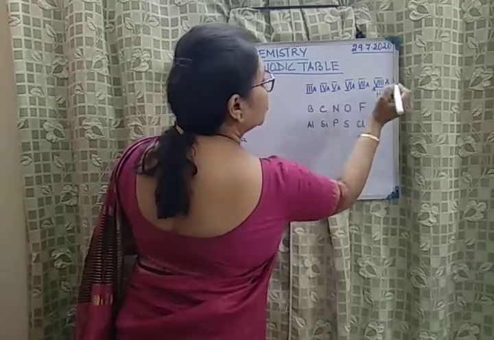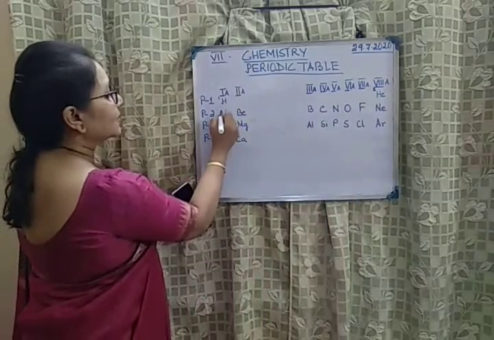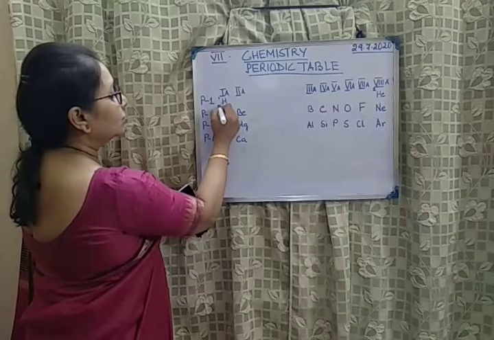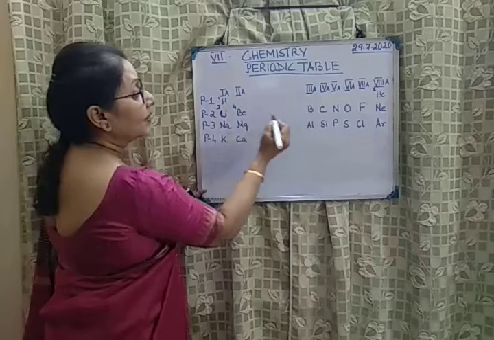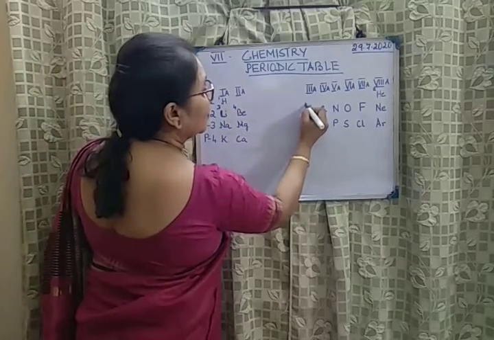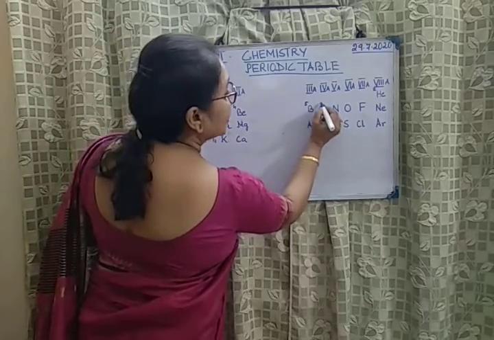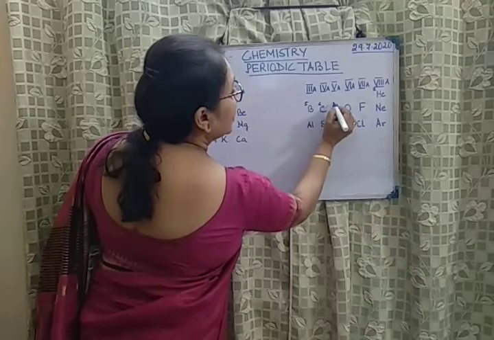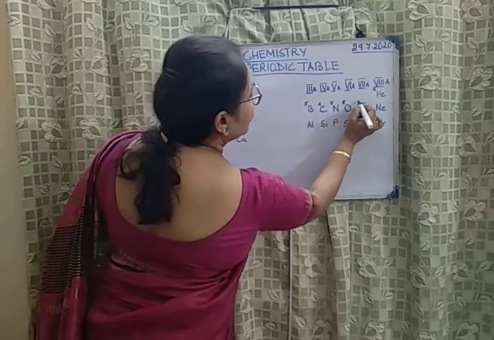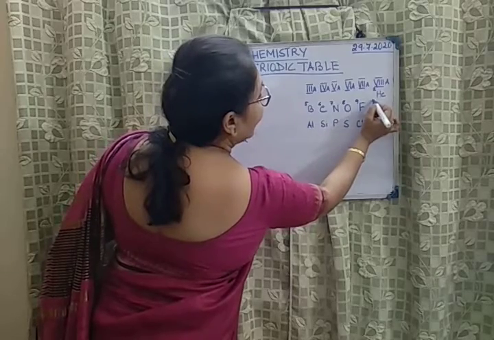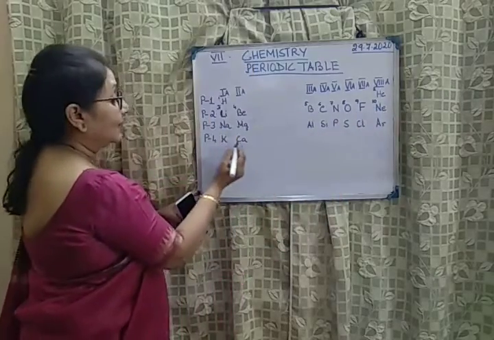atomic number 2, lithium has atomic number 3, beryllium has atomic number 4, boron has atomic number 5, carbon has atomic number 6, nitrogen has atomic number 7, oxygen has 8, fluorine has 9 and neon has 10.